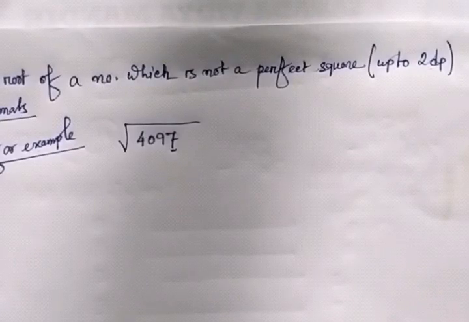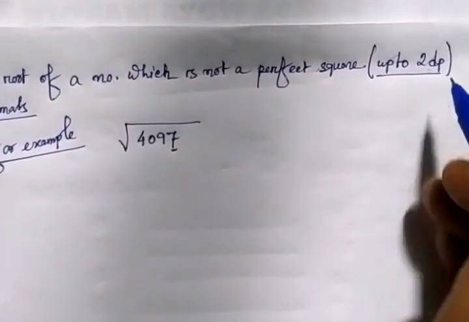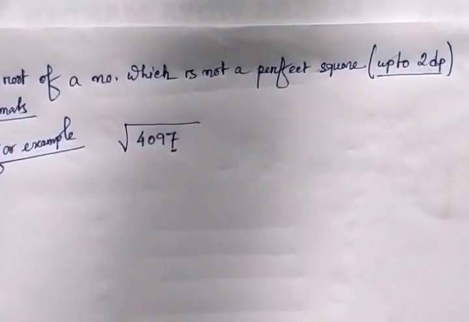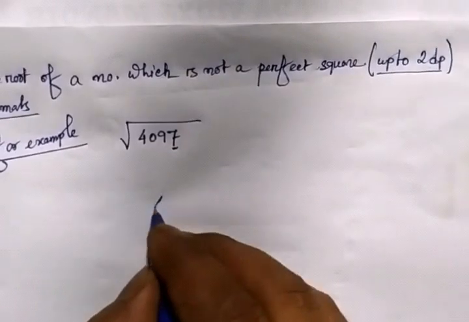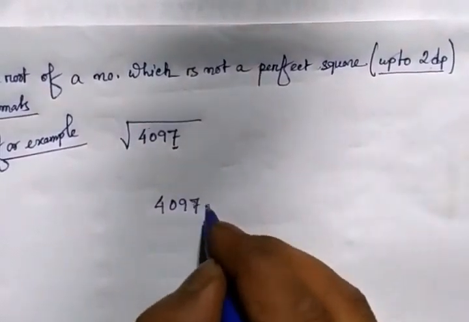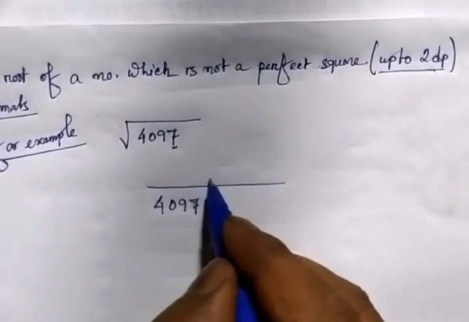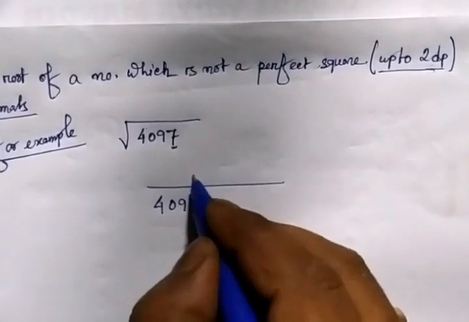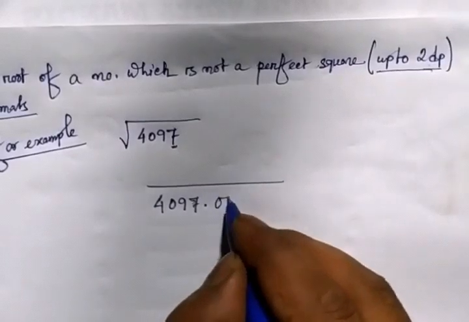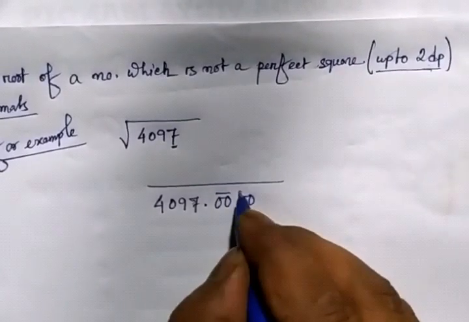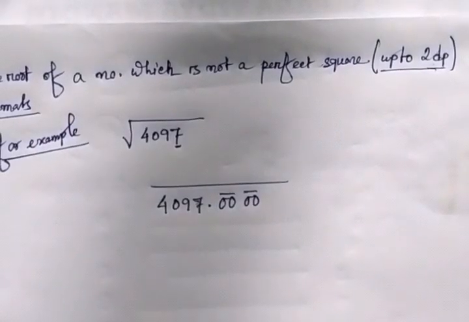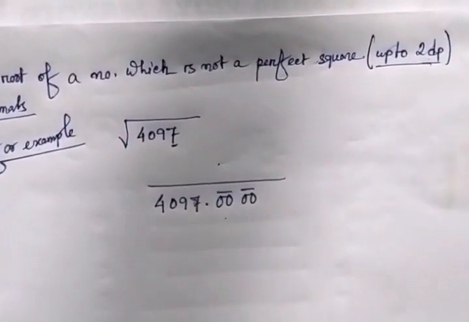Since we have to find the square root up to 2 decimal places, that means 2 digits after the decimal. So in the answer we need 2 digits after the decimal, so in the question we need 4 digits after the decimal, because for each digit in the answer one pair goes here.